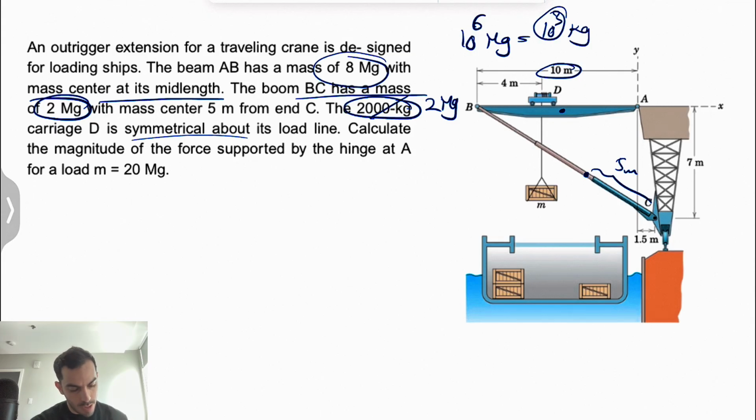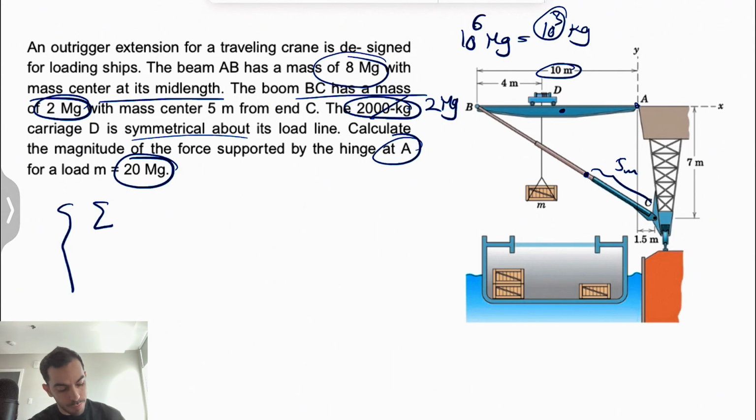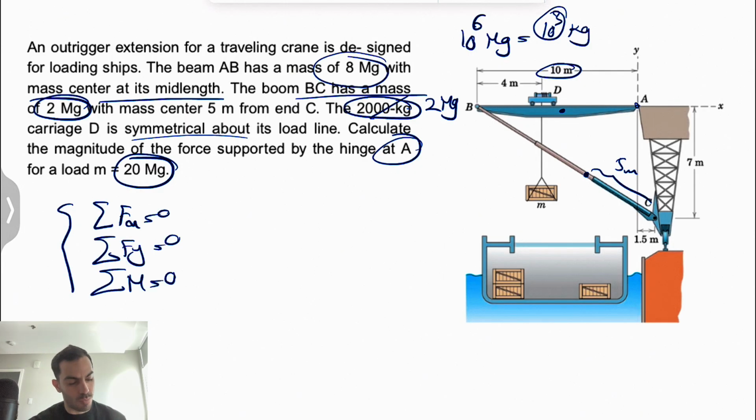So nothing is going to move that center of mass, because it's symmetrical, it would be exactly at the center. And we need to calculate the magnitude of the force supported by the hinge at point A. So we are looking for the reactions at point A, when the load M, or this box that we have here, is 20 megagram. So we are in equilibrium: 3 equations, sum of all forces in X equals 0, same for Y, and one moment equation about any point that we want.